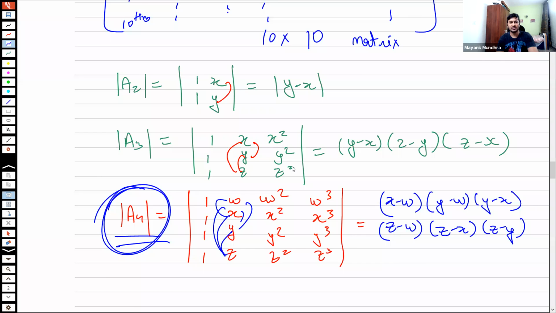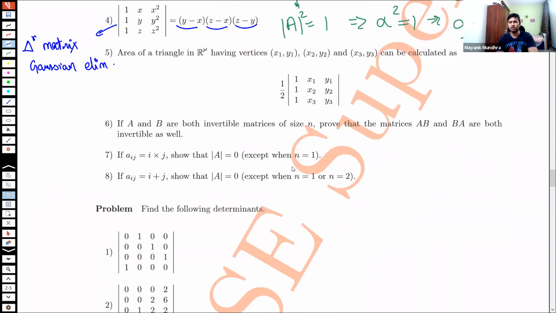So that would be my lesson to you, that in exam, don't always go for brute force, because if they ask you for a determinant in exam, they will try to give you a matrix which is difficult to handle with brute force, and that is easier to handle if you use some shortcuts, if you use some of these properties.